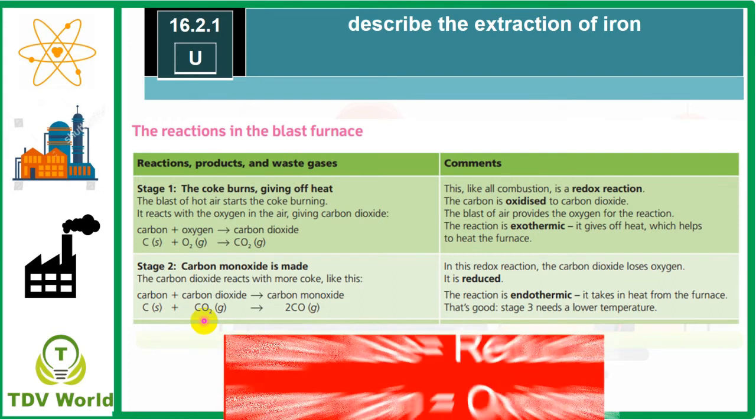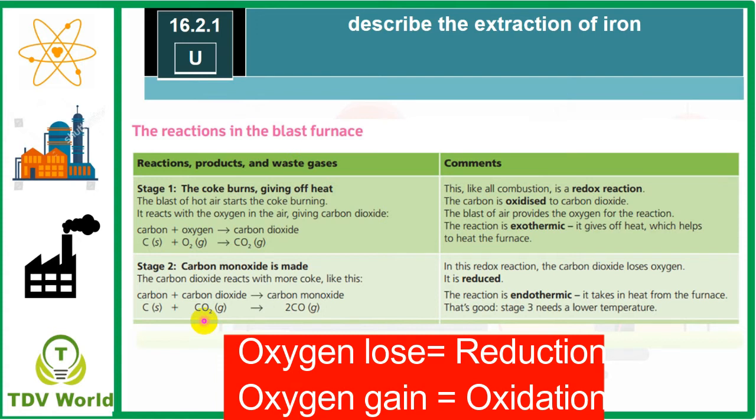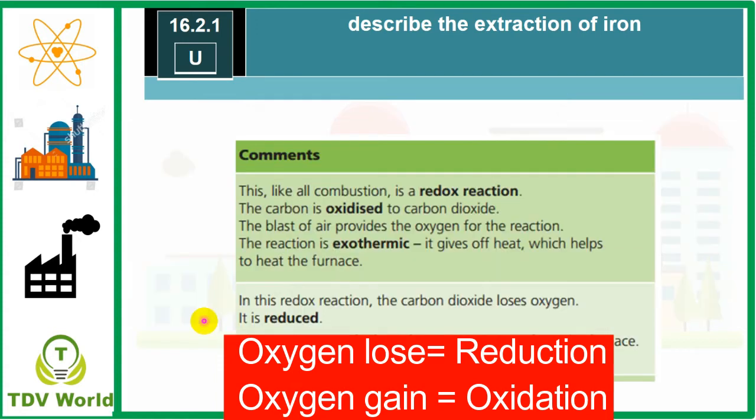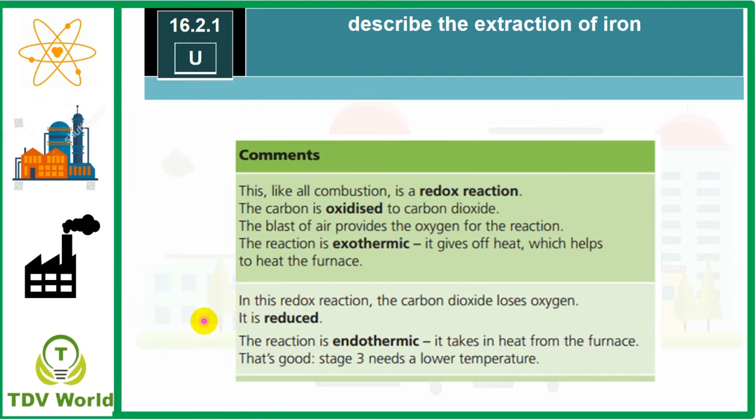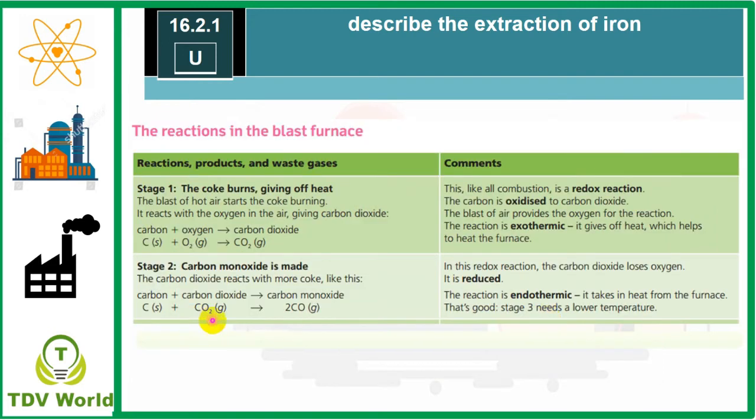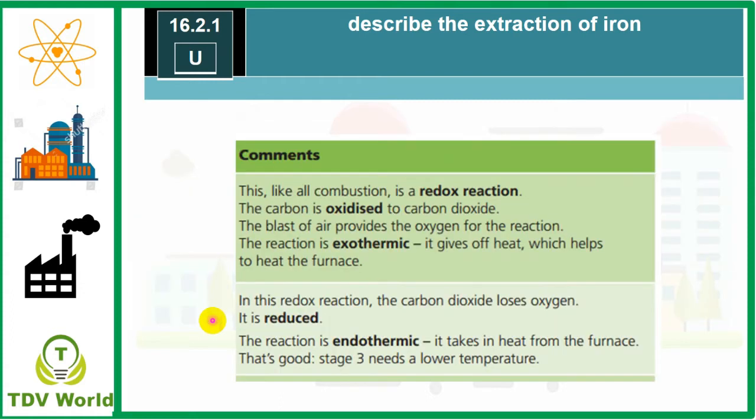Loss of oxygen is reduction. So that is why carbon dioxide is reduced, because it has lost oxygen. So oxygen is lost by what? Carbon dioxide. Carbon dioxide has oxygens here, but it will lose them, and it is going to be reduced.